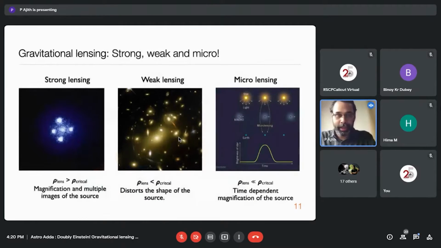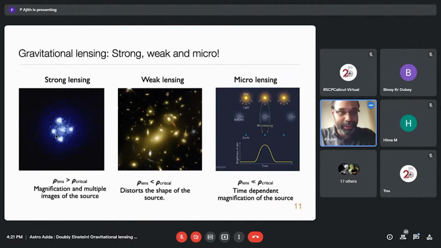While the earlier image was an artistic impression, these are some real photographs of gravitational lensing in action. The left image shows what is called gravitational strong lensing, and this shows the image of a distant quasar. Sorry, I think this is an X-ray image, not a radio image. I'm not entirely sure.